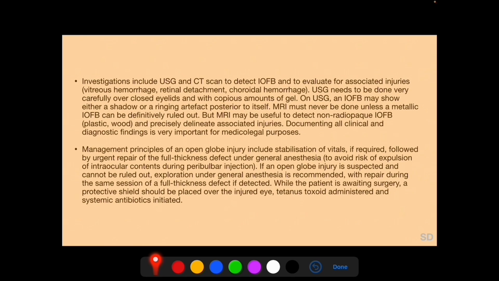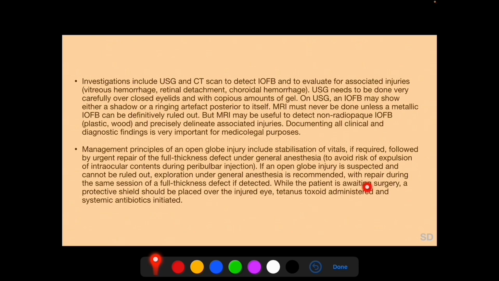Management principles of an open globe injury include stabilization of vitals if required, followed by urgent repair of the full thickness defect in the eye wall under general anesthesia. If an open globe injury is suspected and cannot be ruled out, exploration under general anesthesia is recommended, with repair during the same session of a full thickness defect if detected.